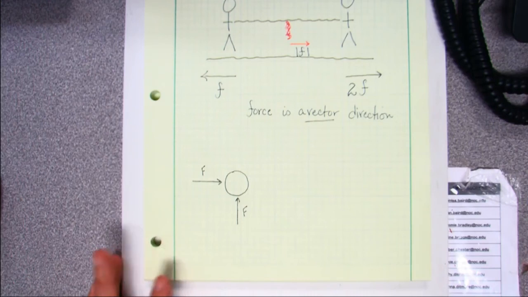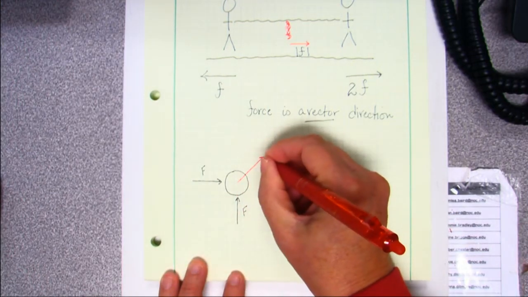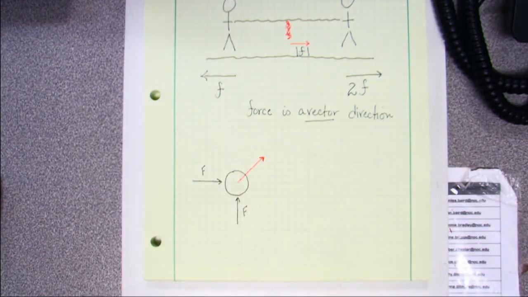Any guesses? Folks on the line, any guesses? Which direction is the hockey puck going to go? Are the forces equal? Yeah, the forces are equal. Diagonal. Northeast. Yep. The hockey puck's going to go off in that direction.